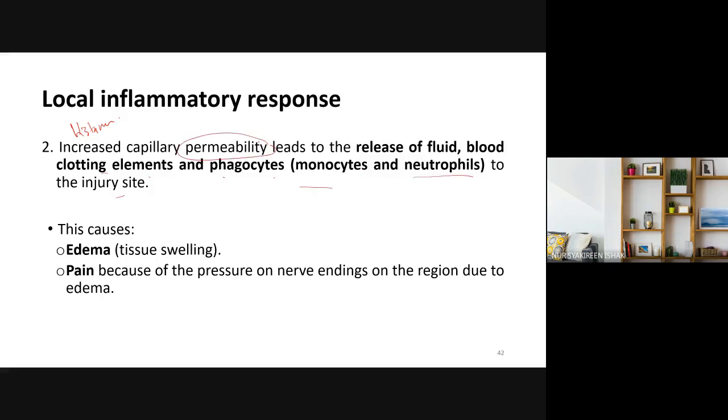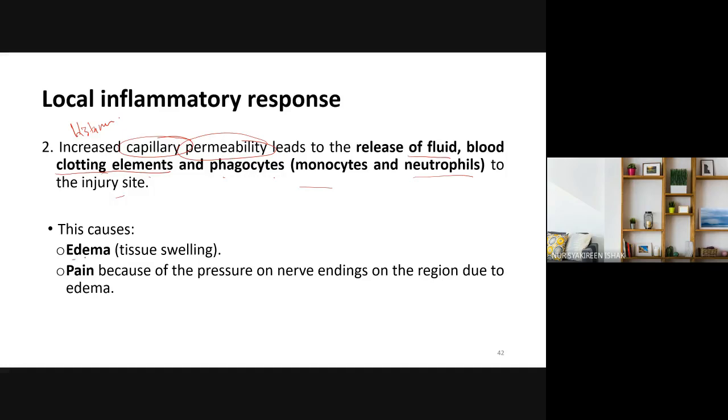So permeability of the blood capillaries increase so that fluid from the blood enters into the tissue fluid, and it also brings out clotting element, and also white blood cells, phagocytes, monocyte and also neutrophil to that injured site.